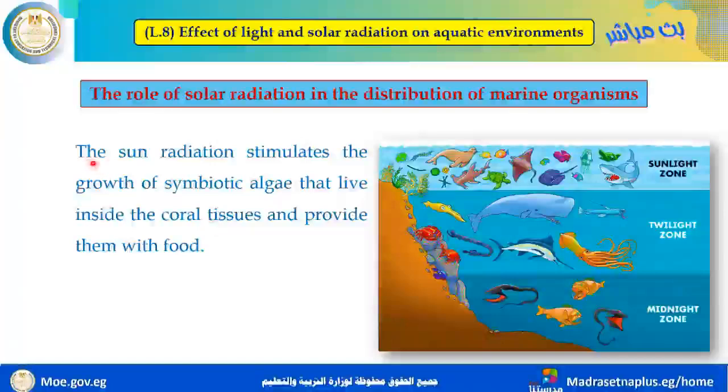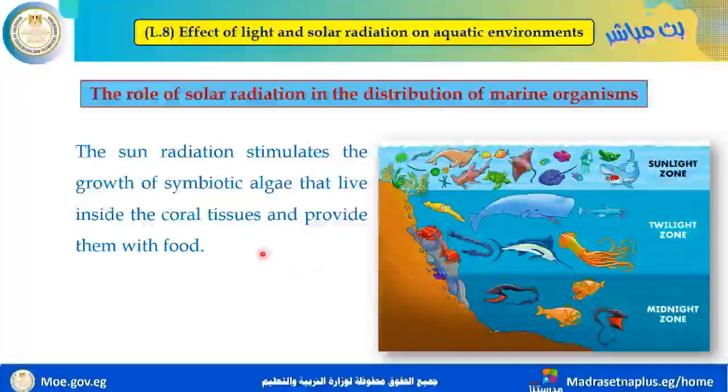Also, the solar radiation stimulates the growth of the symbiotic algae that live inside the coral tissues and provide them with food. So the solar radiation has a great role in the distribution of marine organisms inside the aquatic environment.